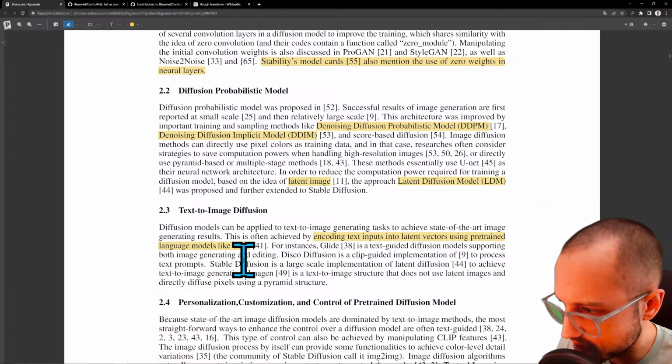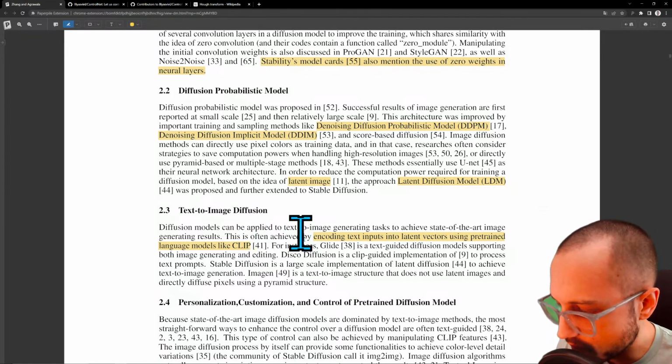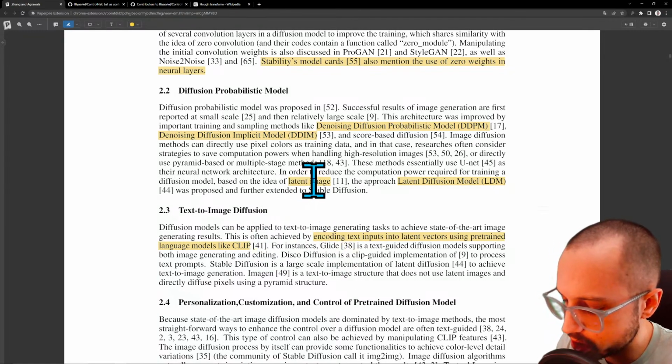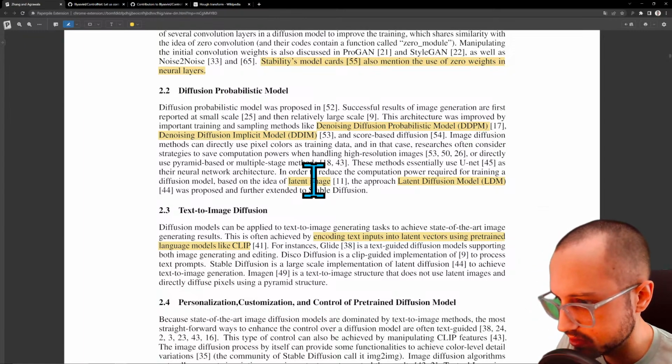So CLIP is a contrastively trained, contrastive language image pre-training model, where basically they're feeding in language and images at the same time, and then the output space of the CLIP model has knowledge of both language and images.